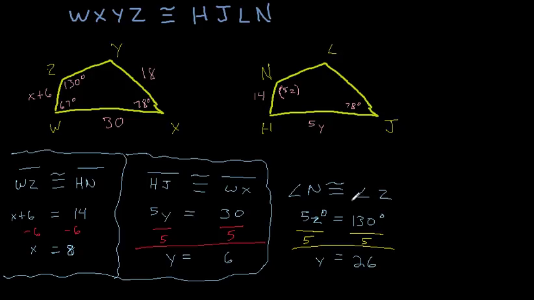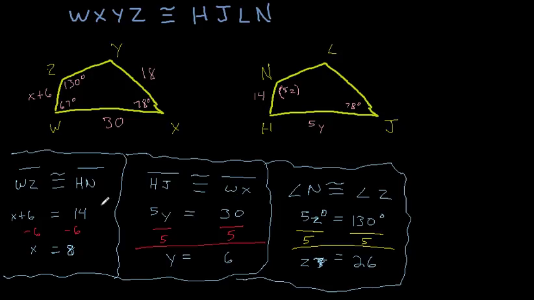So y equals 26. I'm going to box this guy up. And I said y, this is incorrect. This is not the variable y, this is the variable z. So z, in fact, equals 26. Box that dude up.